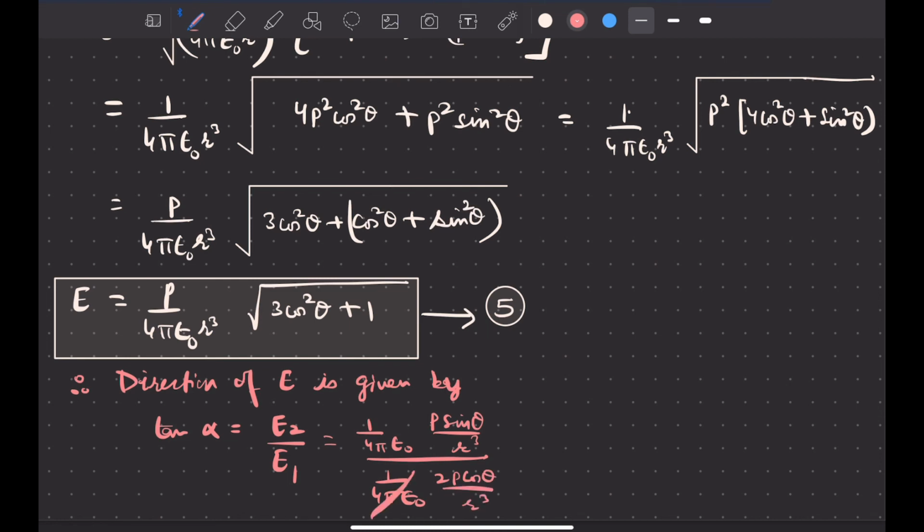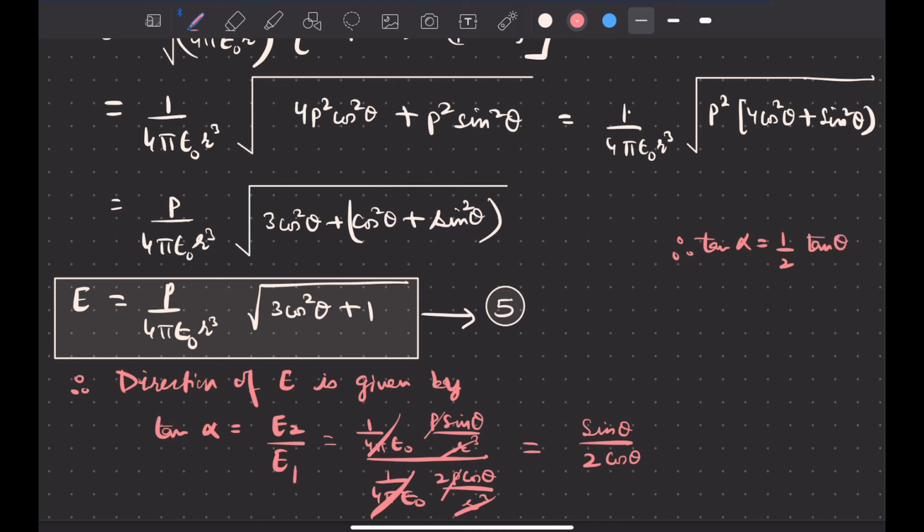Clearly we can cancel out this term, this and this term. We can also cancel out p with p. So we are left with sin theta upon 2 cos theta. Therefore, I can say tan alpha is equal to 1 by 2 tan theta.